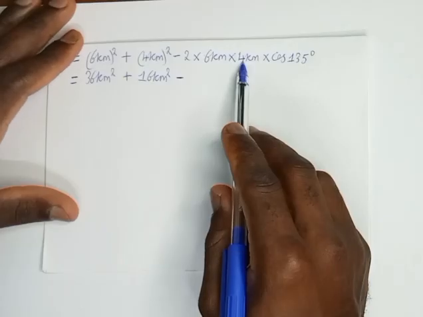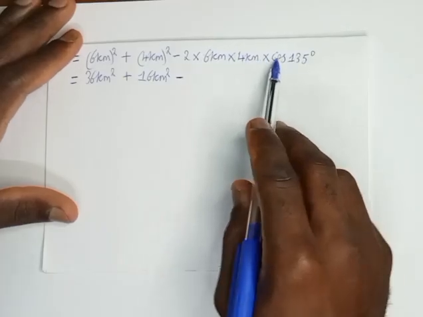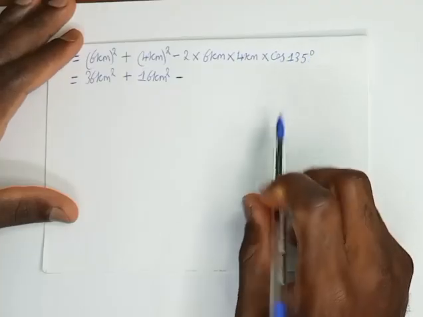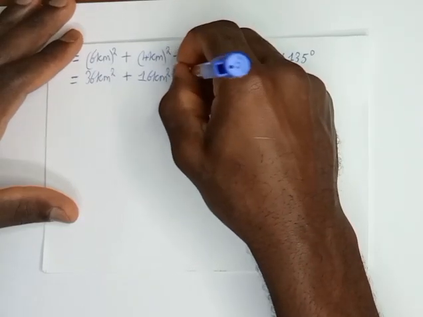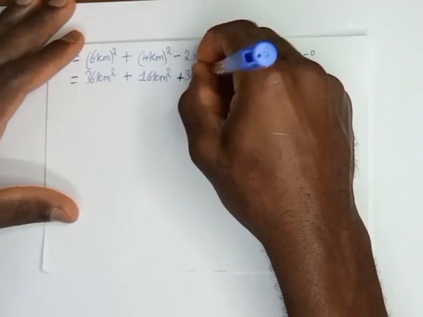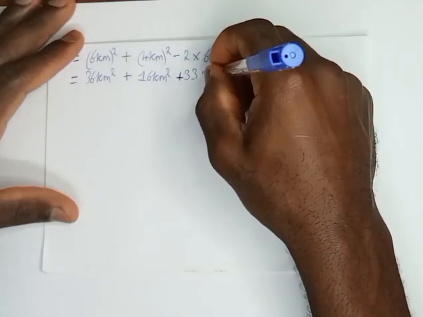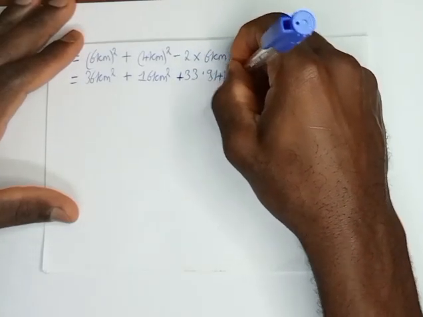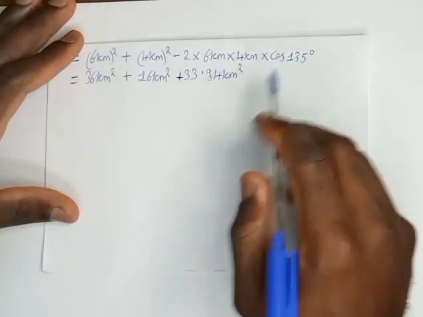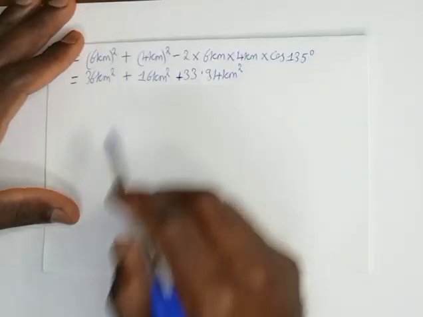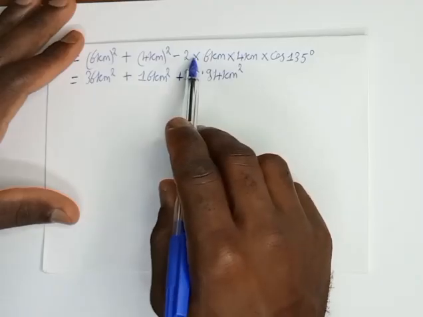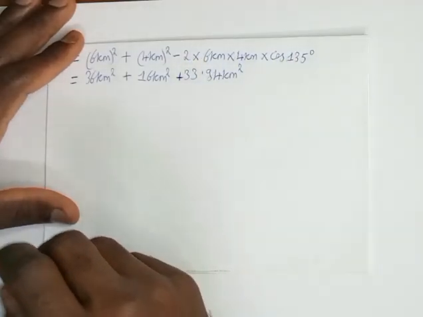Negative 48 kilometers squared times the cos of 135 degrees gives us plus 33.94 kilometers squared. Since the cosine of 135 degrees is negative, it becomes plus, since we are multiplying two negative numbers.